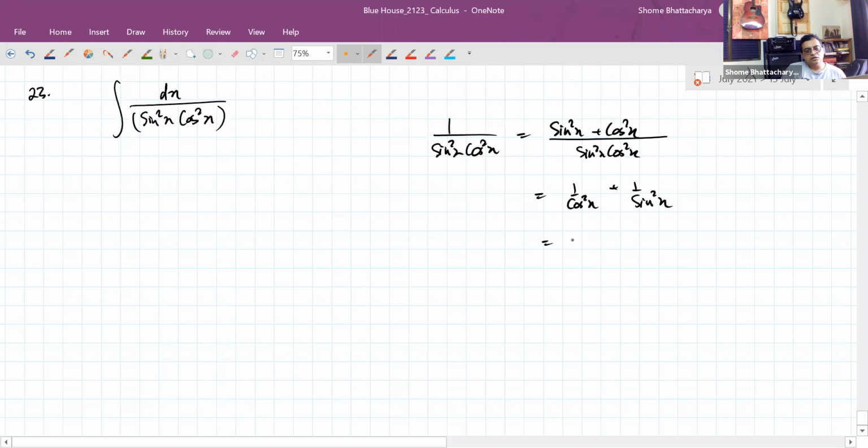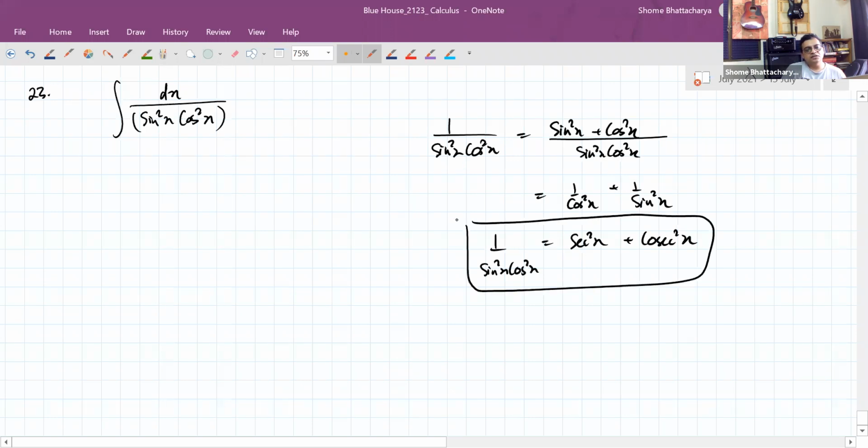So that is sec square x plus cosec square x. Okay. So using this simple manipulation, I can simplify this integration to the integral of sec square x plus cosec square x dx.